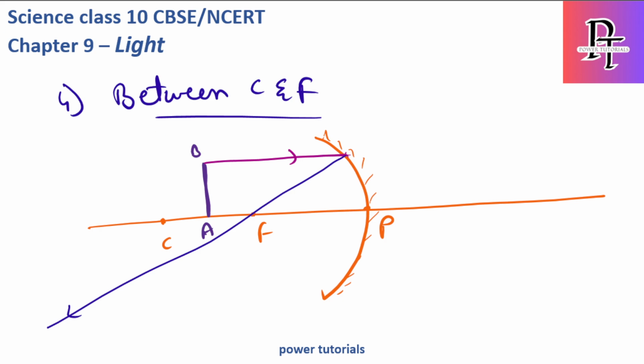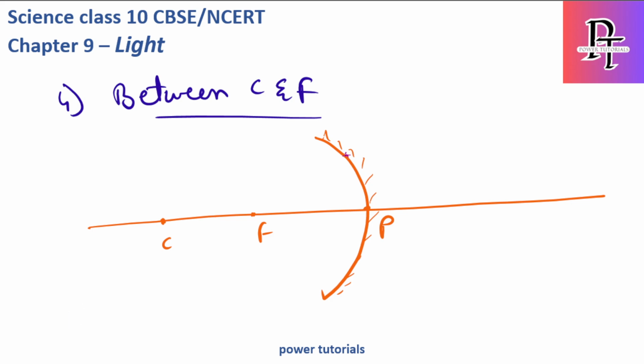They use small objects, so I'll just change it, but the concept will be the same. If I use a smaller object, like only this much, the first part will be the same: instead of parallel to the principal axis, it will be passing through focus.